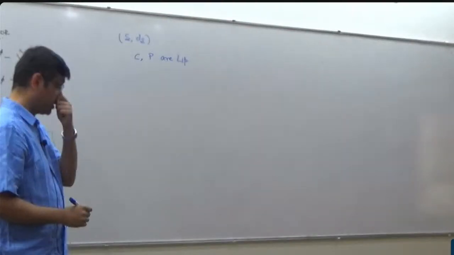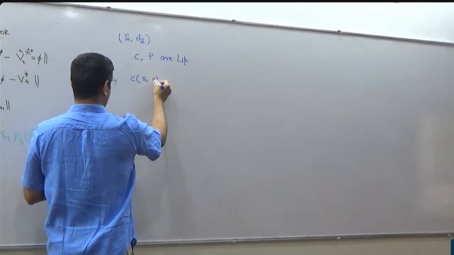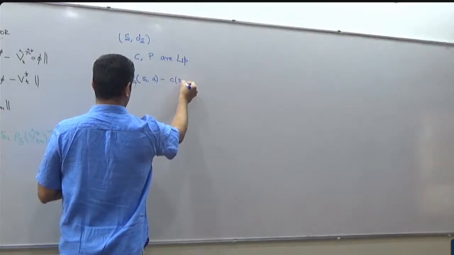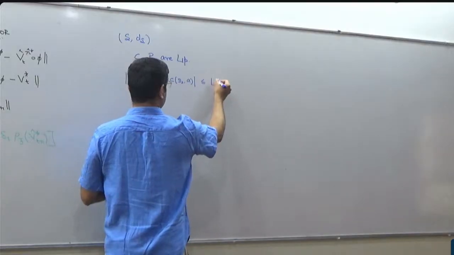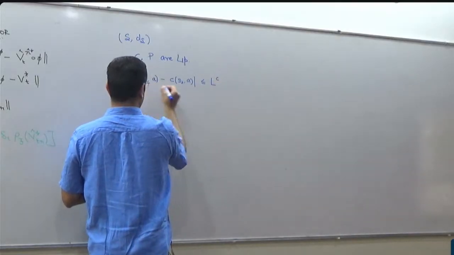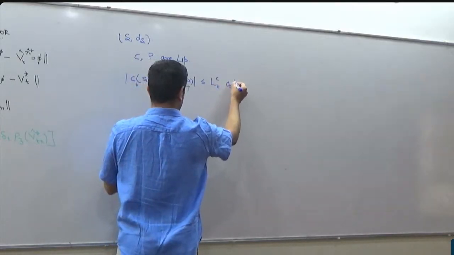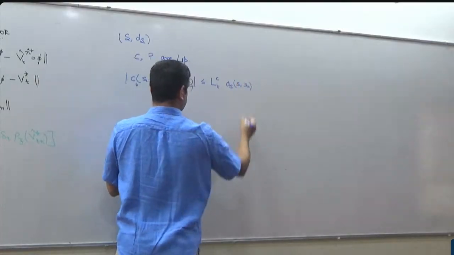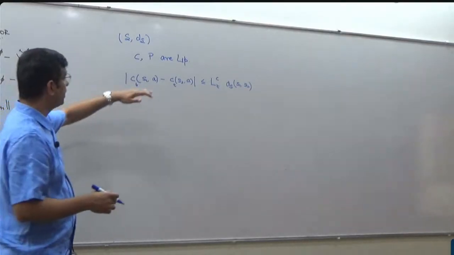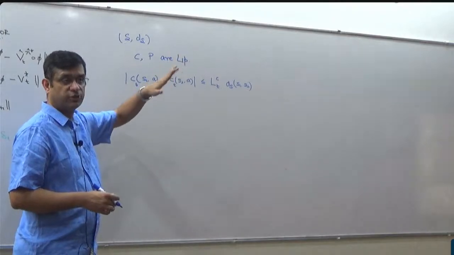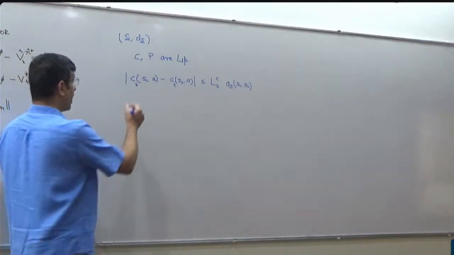Cost is Lipschitz means that if I take the cost of any state S1 and action A minus cost at state S2 and action A and look at the distance between them, there is some universal constant LC, which is going to depend on distance between S1 and S2. These could be time dependent, but actually, for the purpose of this analysis, let me just assume there is no dependence on time, so that what we are writing is somewhat cleaner. Okay. So I'll not write time dependence on these guys.